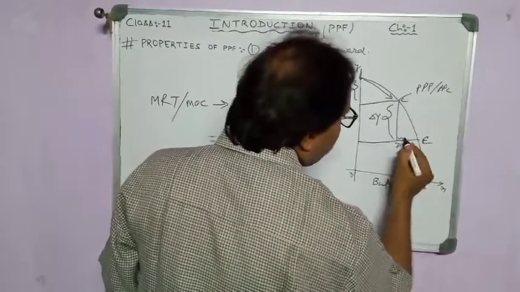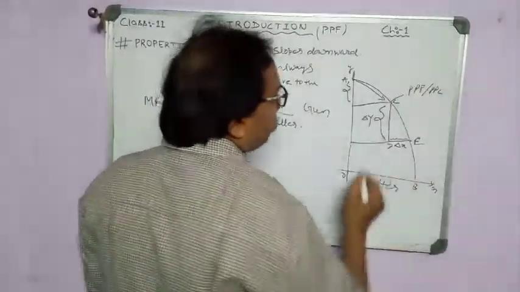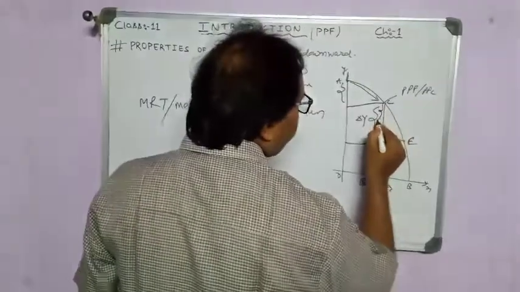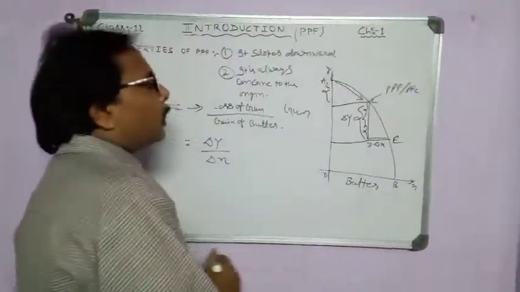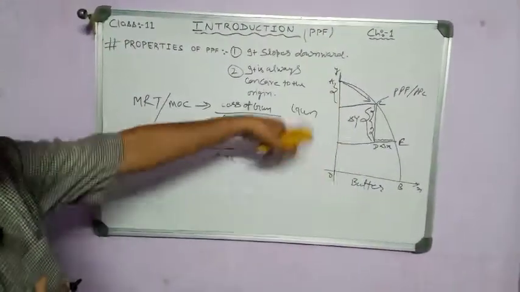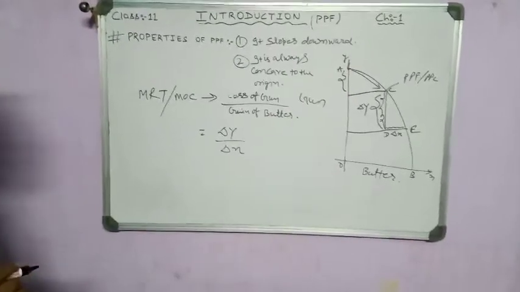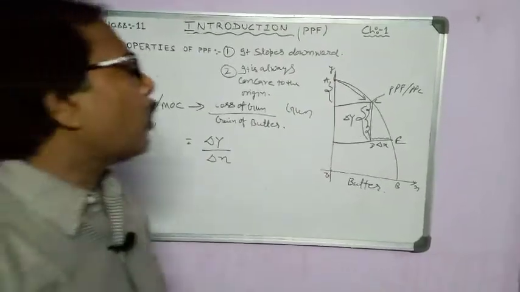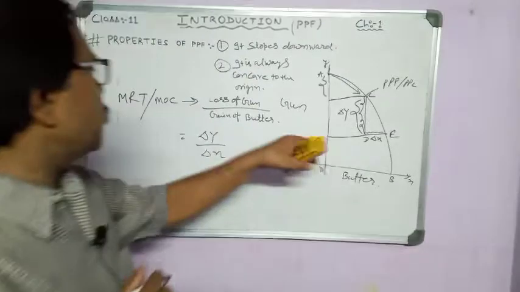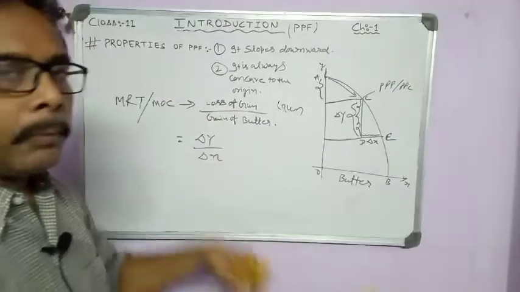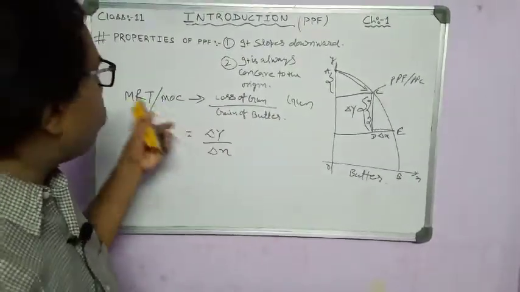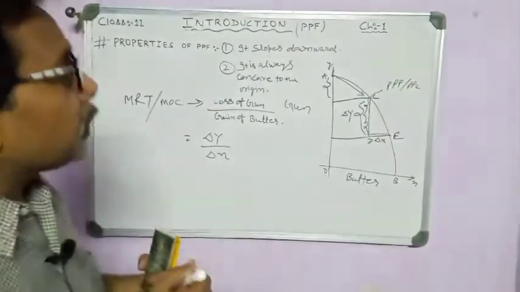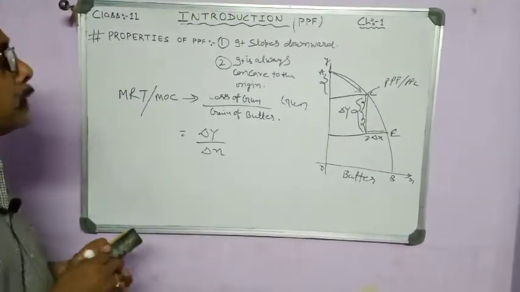Only this much amount is obtained, but we will have to sacrifice more and more. So here CD is greater than DE, and it is known as MRT or MOC. Here MOC and MRT increase, due to that it is always concave.